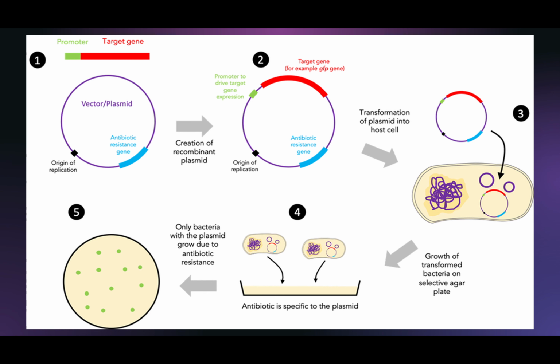It means we grow it in a media that is suitable for our new GMO, but it will kill off everything that is not GMO. Notice that there is an antibiotic resistant gene present, and only the bacteria with the plasmid that we modified will grow due to the antibiotic resistance. So that's what's happening there.